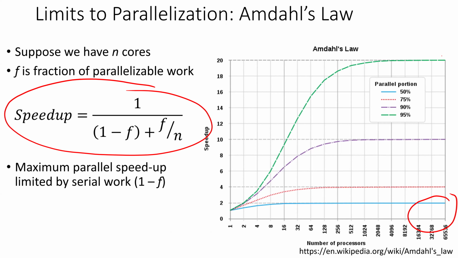If I have a program where only 5% of the work is serial, then with a lot of processors I could make it 20 times faster. But even if I had, in this case, 65,000 processors, it's never going to be more than 20 times faster. So it's a very useful rule to keep in mind: is it worth my time to speed this up? How much effort should I spend? Unless it's a big part of your program, it's generally not worthwhile.